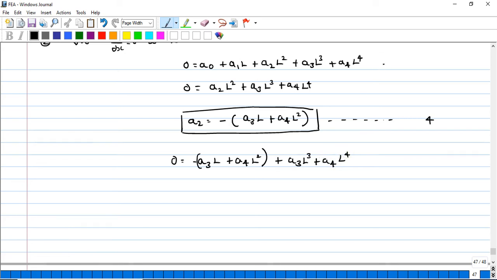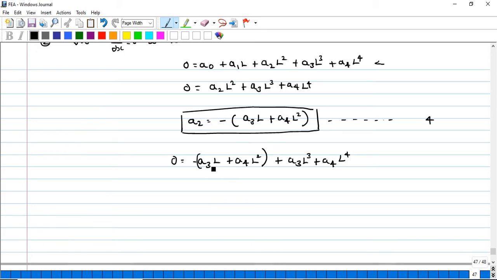See, to this equation I have substituted. Then I can write this entire equation in terms of a3. a0 is done, a1 is done, a2 is done.